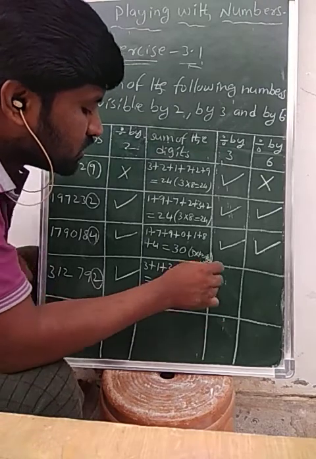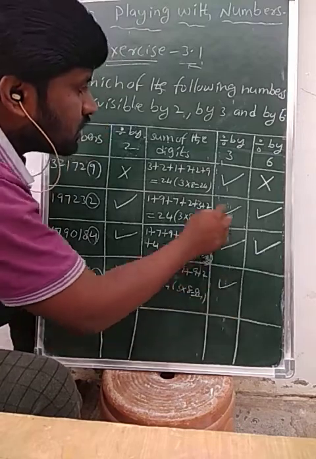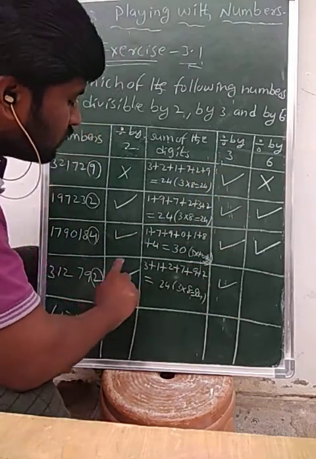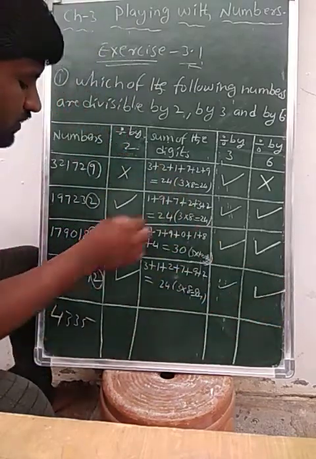If the sum of the digits is divisible by 3, then the number is also divisible by 3. A number which is divisible by both 2 and 3 is divisible by 6.